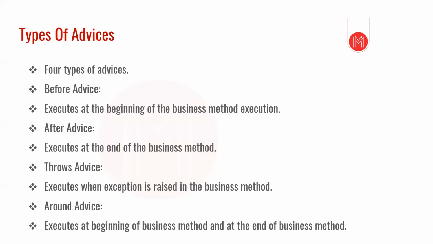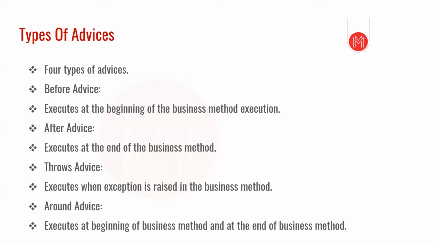And we write the @Pointcut annotation, which is applied on top of a method in the aspect class. It has an expression in brackets to select the business methods accordingly. It will select the business methods which need advice, but never talks about which advice.